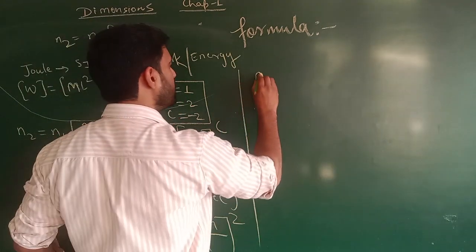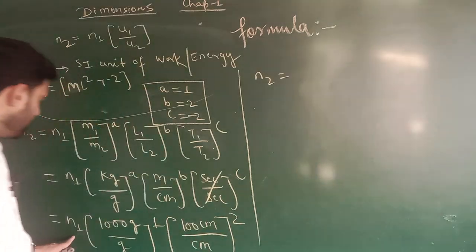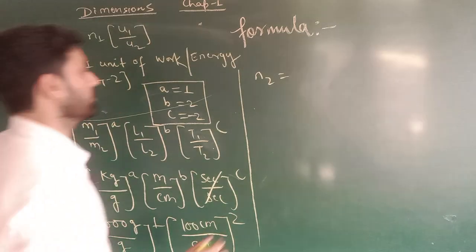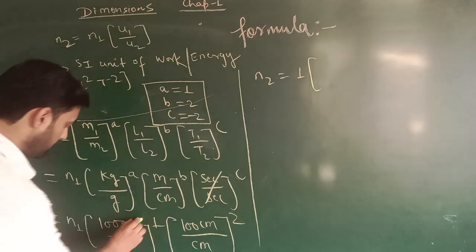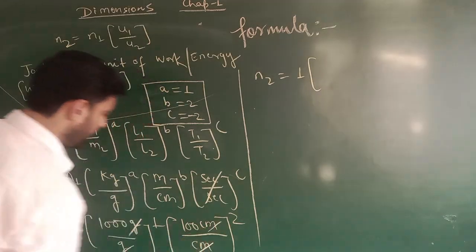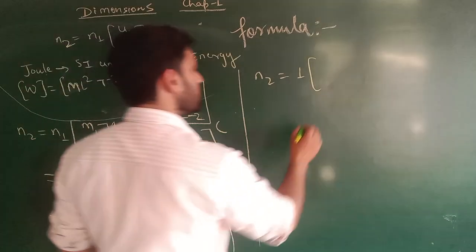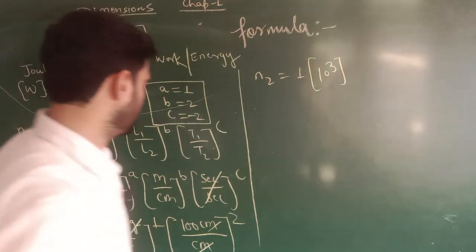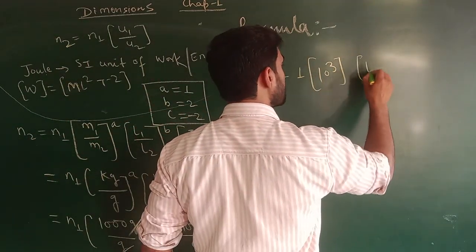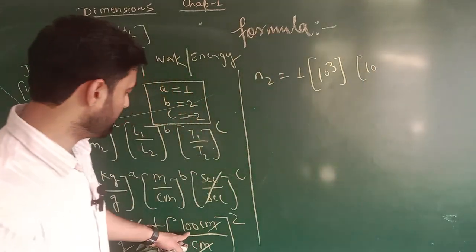So the value of N2 is... let's replace the value of N1 also. N1 is 1. Gram to gram cancel, centimeter to centimeter cancel. So this one is 10 power 3 power 1, and this one is 10 power 2, 10 power 2 power 2.